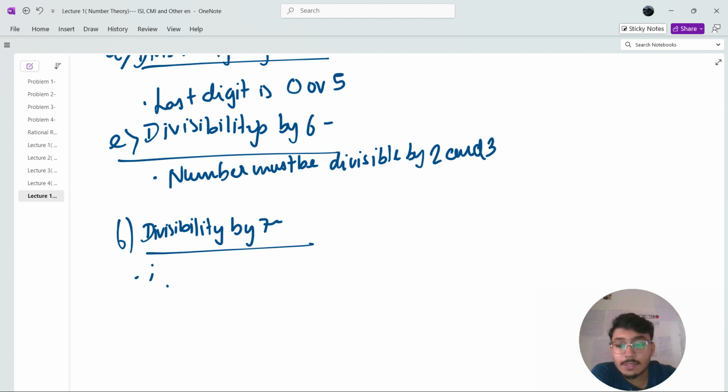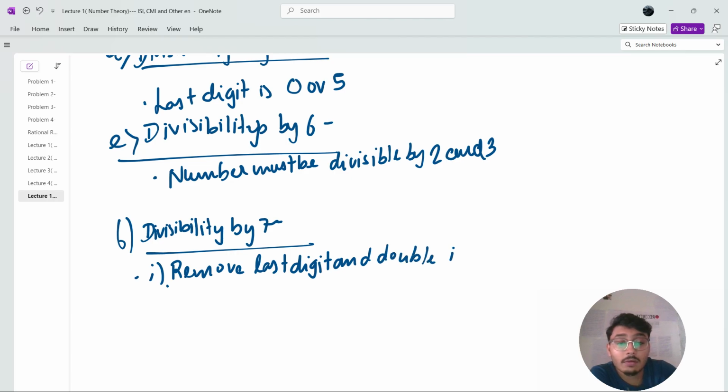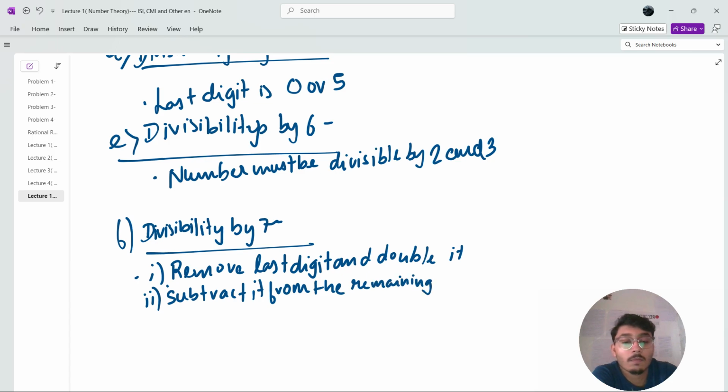What we do, steps: remove the last digit and double it. Subtract it from the remaining number.